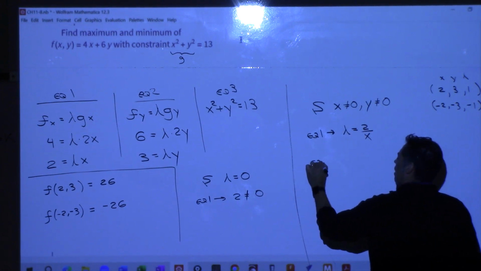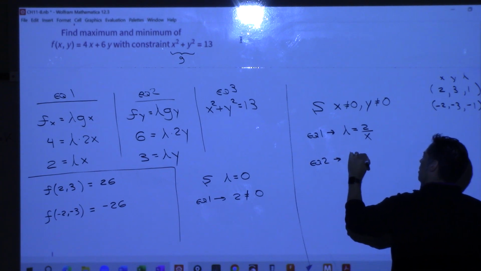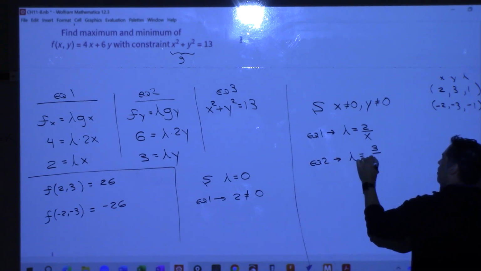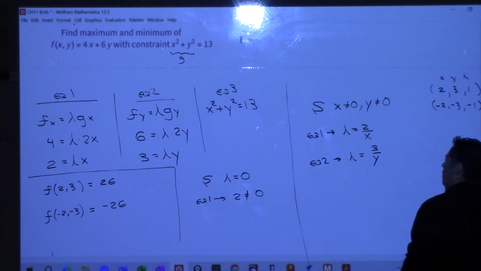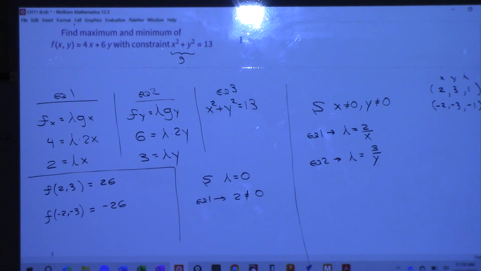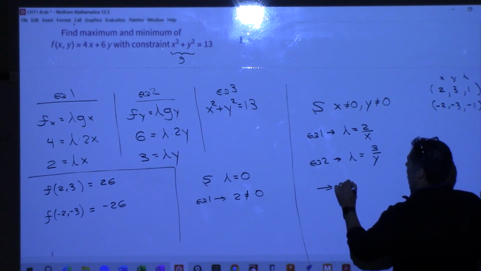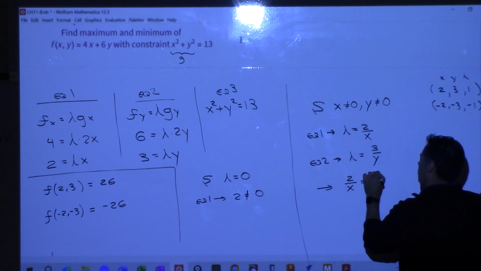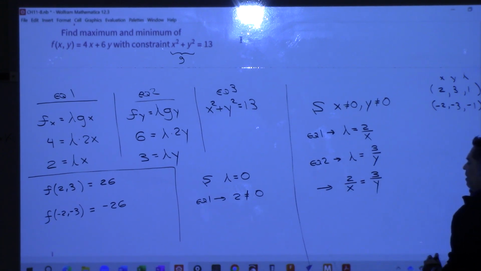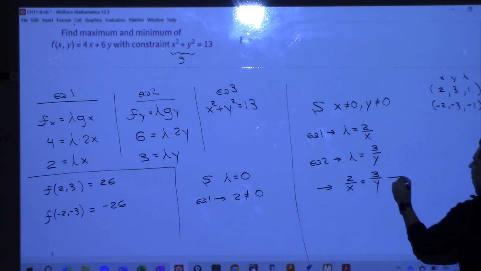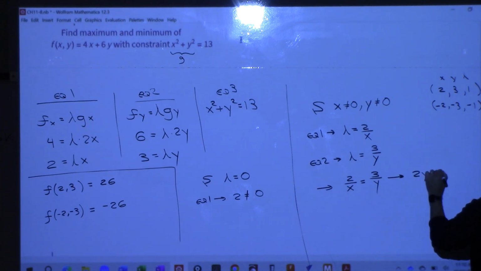And equation 2 tells me that lambda's 3 over y, sorry, 3 over y. And now that I have that, I can set those both equal to each other, can't I? Since they're both equal to lambda. So that would imply that 2 over x equals 3 over y. And if I cross multiply, this would mean that 2y equals 3x, right?